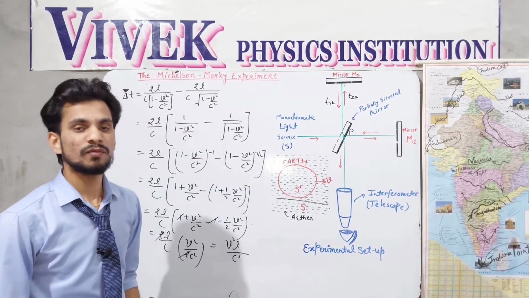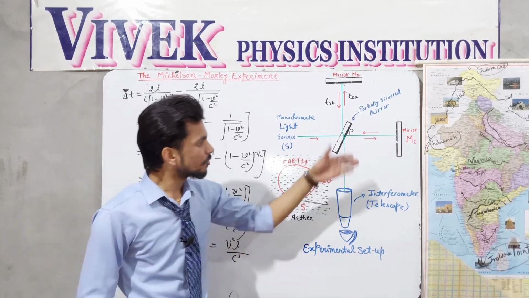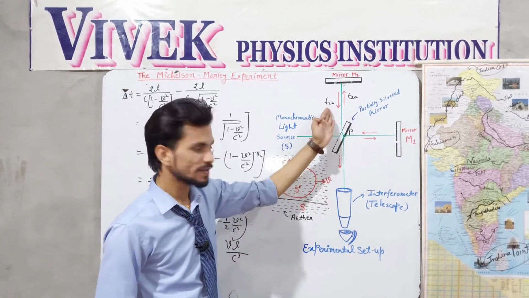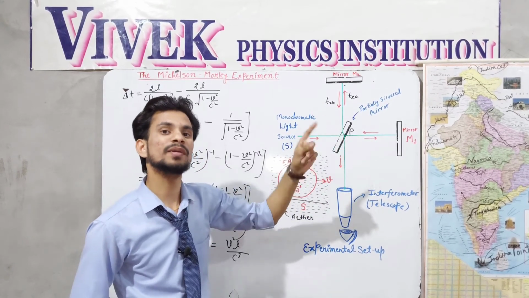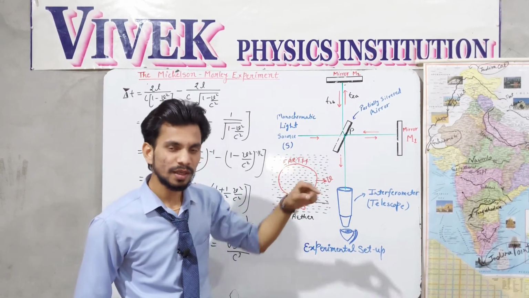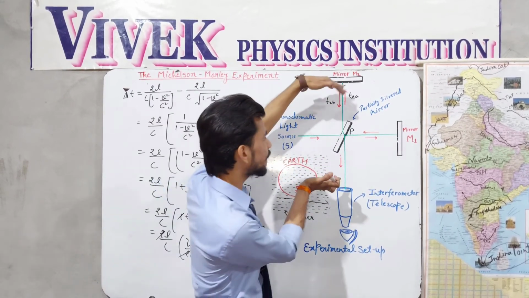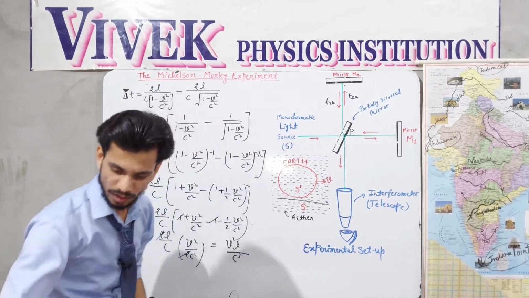Okay, why are we calculating the time difference? Whatever the time difference between these two rays, that should be the same as the time difference between these two rays when we move this complete experimental setup by 90 degrees. Okay, let me do that.